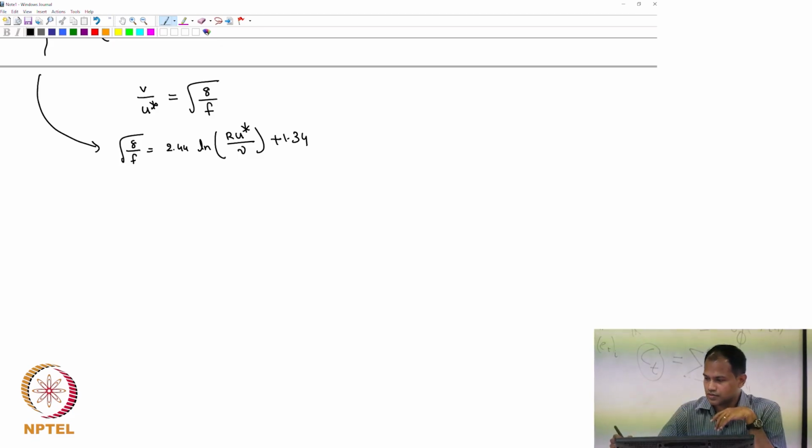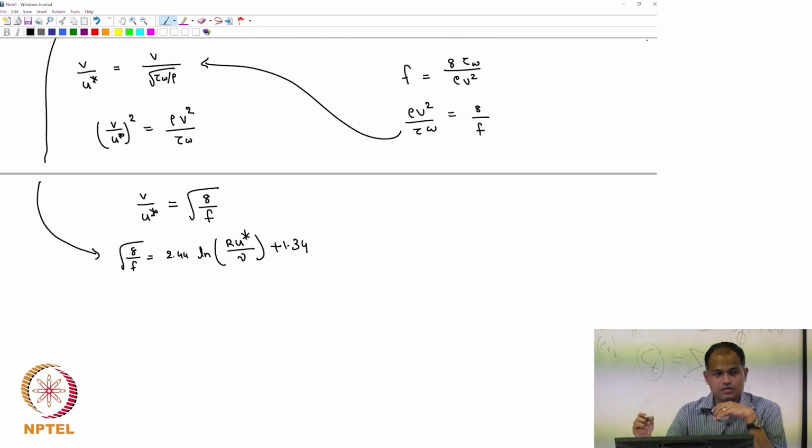We really want to get it in terms of Reynolds number, so we want to make the argument of that logarithm a Reynolds number.